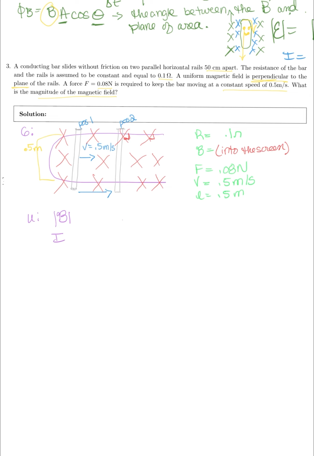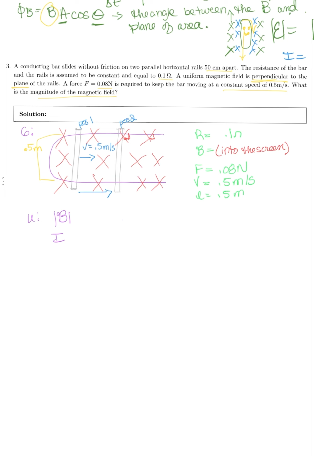So looking at the things we're given, what relationships have we learned about so far? Well, we have something about force. How does force relate to a magnetic field? Why would we be given it if it's not going to involve some type of relationship?